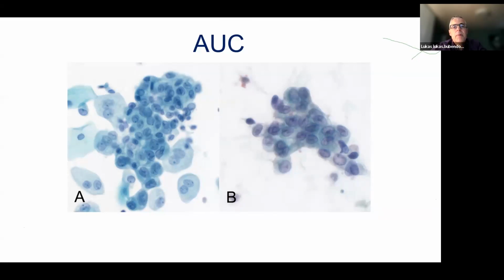You see in both groups the increased NC ratio, you see at least irregularities of the nuclear membrane, and that justifies already the AUC diagnosis. The one on the left proved to be negative in follow-up and histology, and the one on the right proved to be from high-grade urothelial carcinoma.